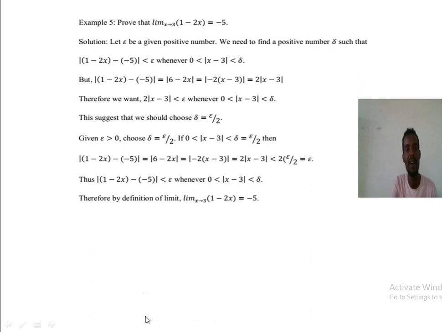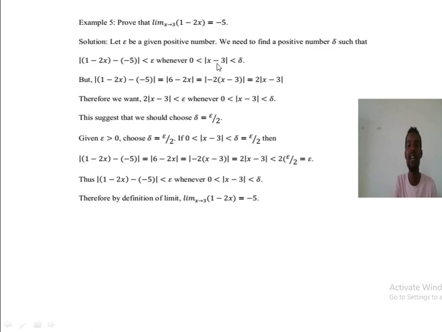Now as solution, let epsilon be a positive number greater than 0. We need to find a positive number delta greater than 0 such that absolute value of f of x minus L is less than epsilon whenever 0 is less than absolute value of x minus a less than delta.